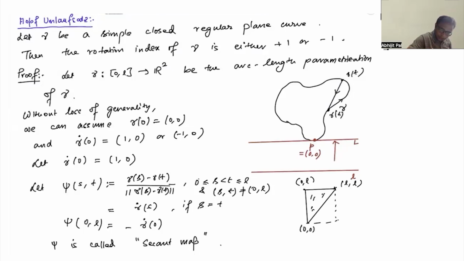Okay, so here one mistake I have made. This should be gamma t minus gamma s, divided by the norm of gamma t minus gamma s. So then this direction should be in the other way.